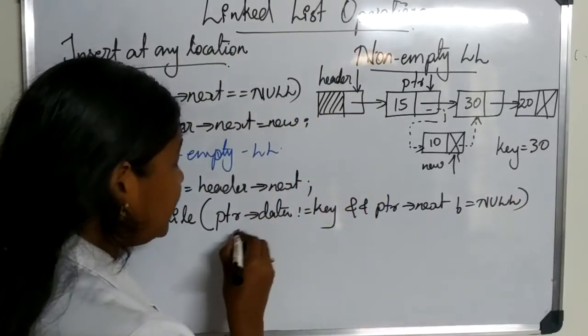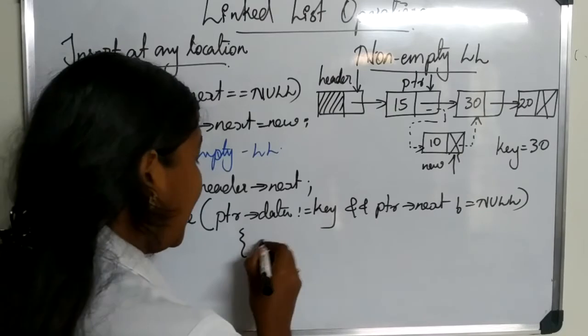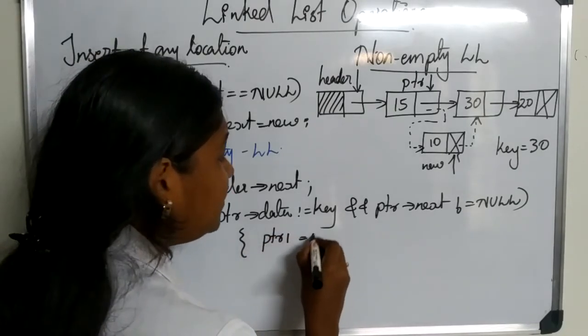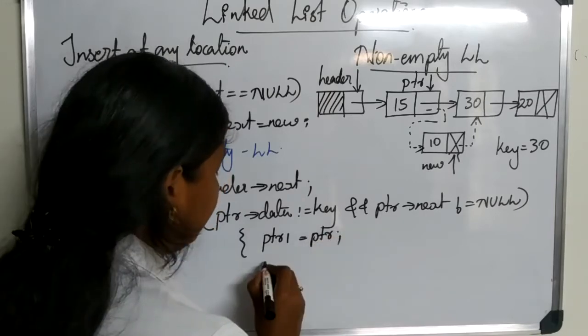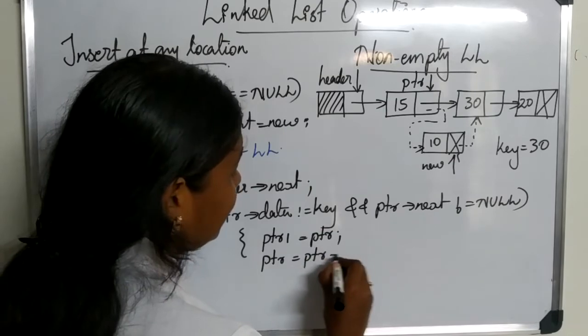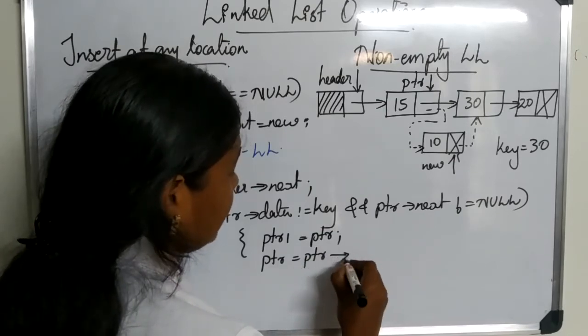Then you notice what am I going to do? I am assigning one another pointer. ptr1 is equal to ptr. Then ptr is equal to ptr dot next.